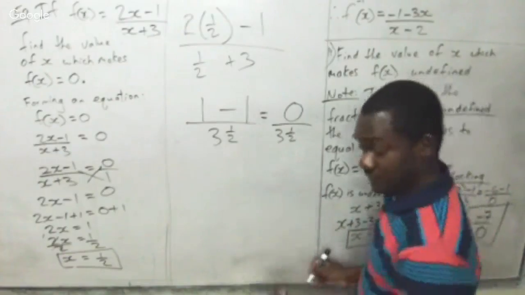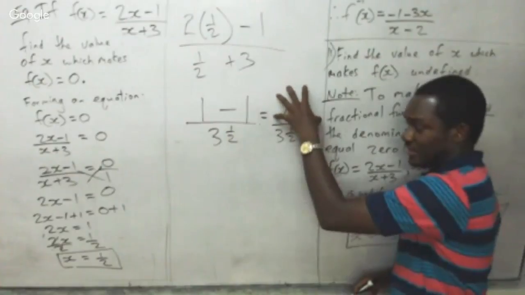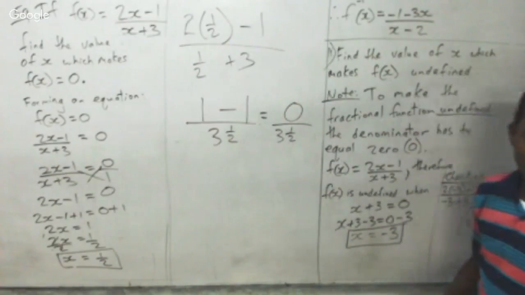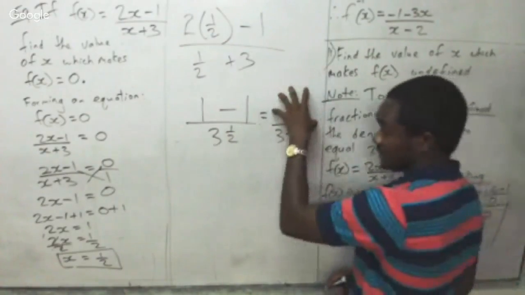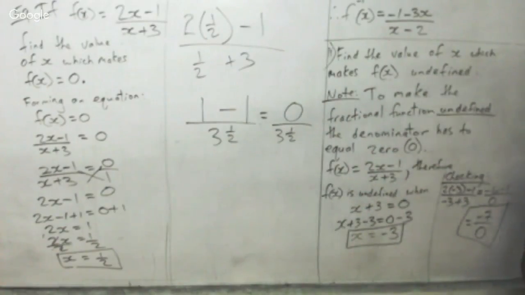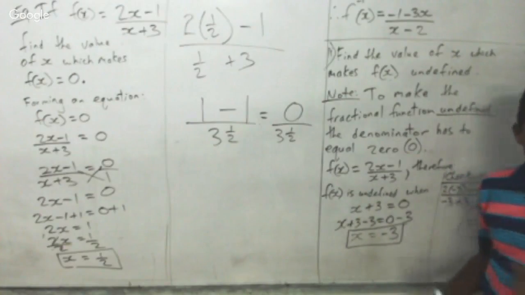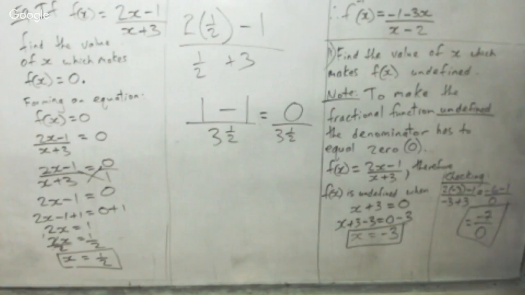Once we have 0 divided by any value, our result is 0. So f of x will work out to 0. You see that?